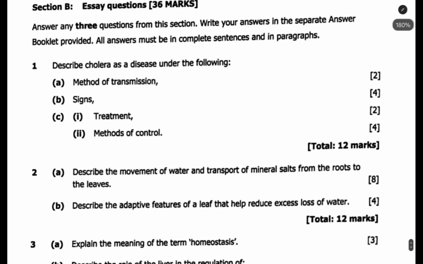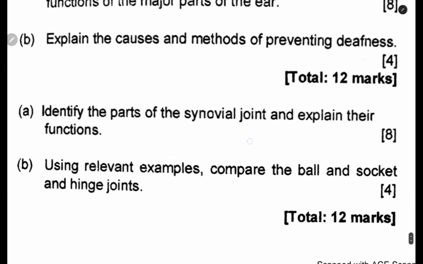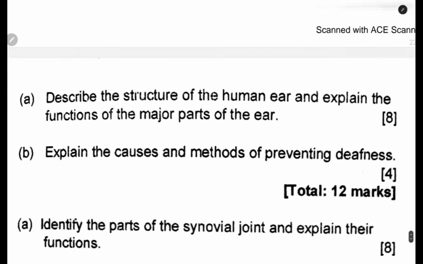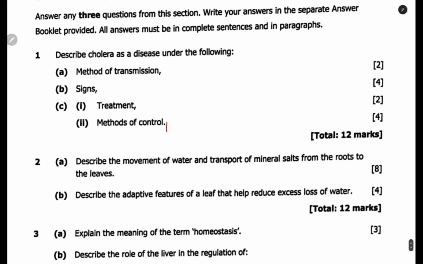So of these that we've looked at, the 2 are 2023. The numbering, like I've said, has changed. This time around it is 1 up to 5. Describe cholera as a disease under the following: method of treatment. So disease was here, even here we had disease. So you see why I'm saying that sometimes this prediction might not be accurate.